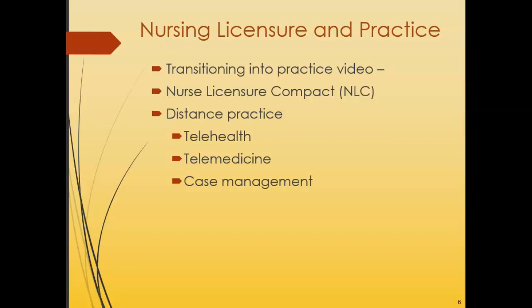But it's really important to also remember that there are some jobs where you're doing practice by distance, and because of that, if you're licensed in North Carolina, but you're doing some kind of distance work with a client in Delaware, then you need to have dual licensure.